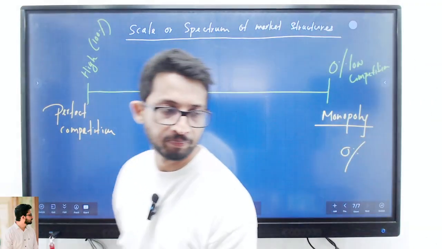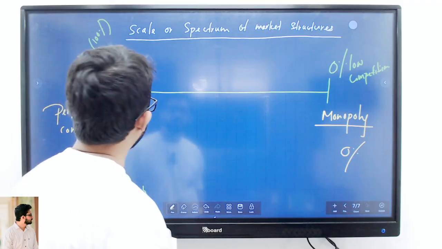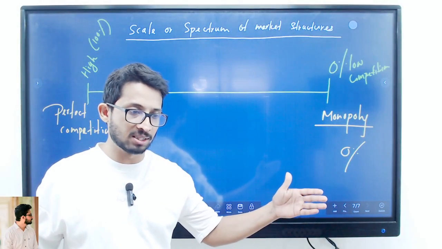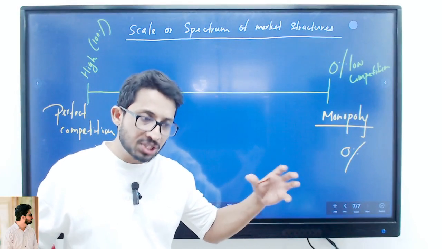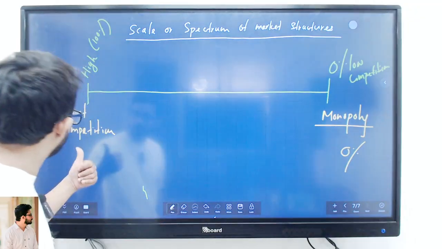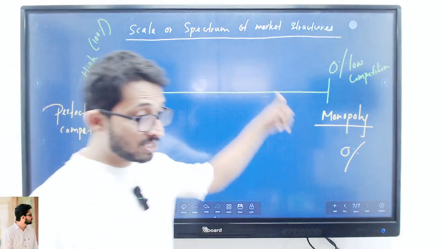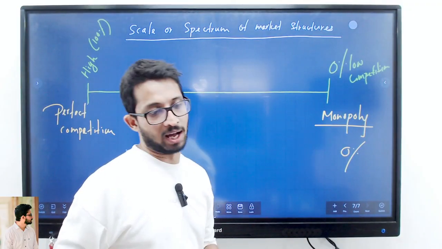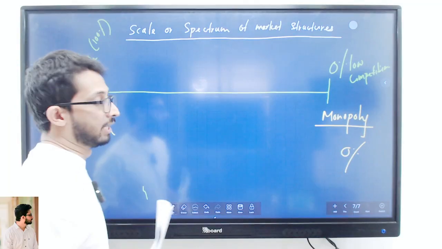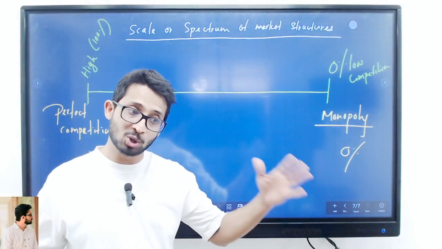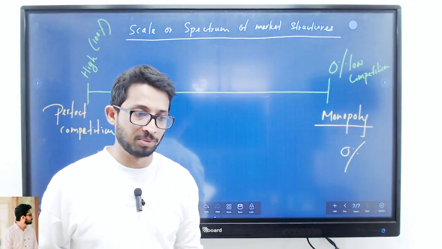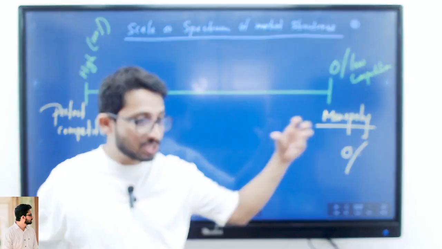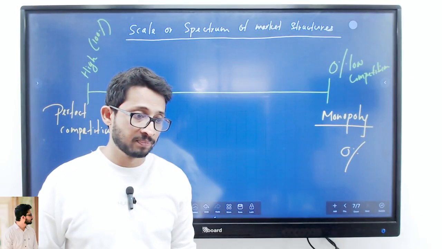Economically, it's not good. Then these are called the two extremes of market structure. Why? 100% competition, zero competition. It's like pure capitalism and pure socialism, two extreme ideologies in the world.